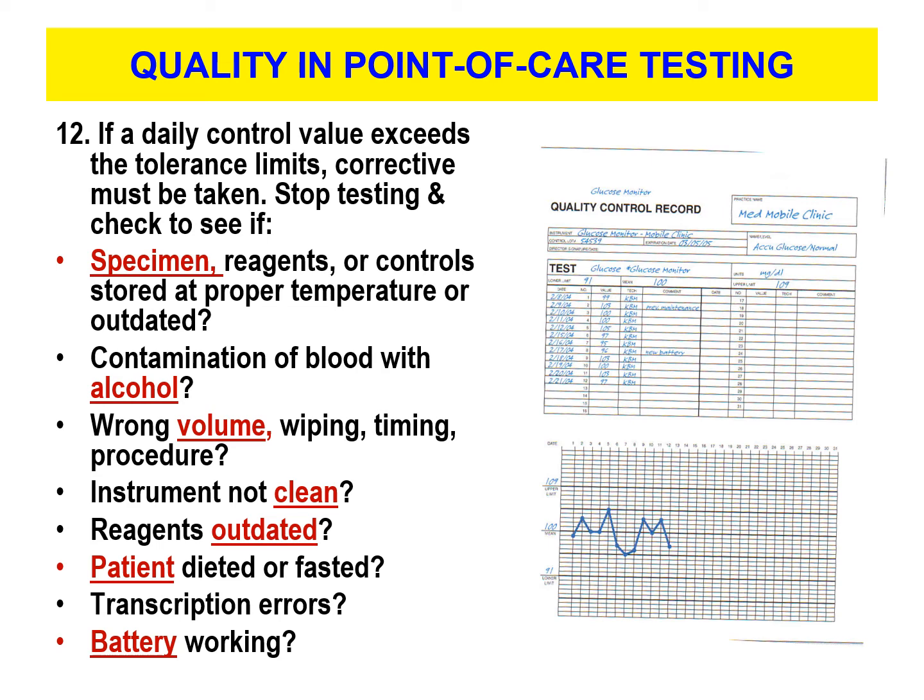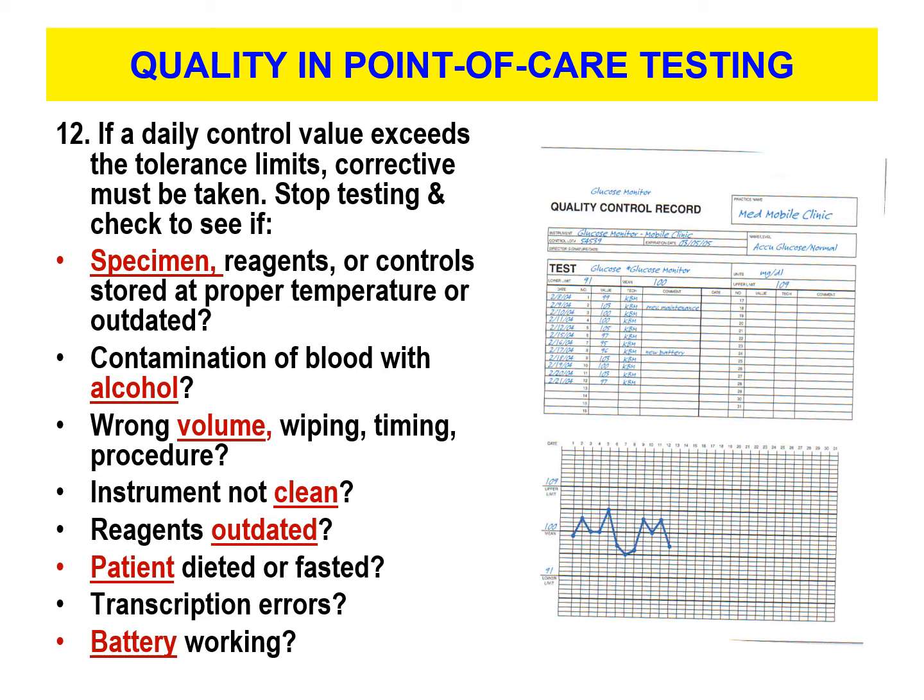Remember, specimens, reagents, or controls not stored at the proper temperature, or outdated, can cause you to get bad results. If you don't let your alcohol dry and it contaminates the blood, it can cause erroneous results. If you don't get the right volume of blood onto the strip or onto the cuvette, it could cause a problem.